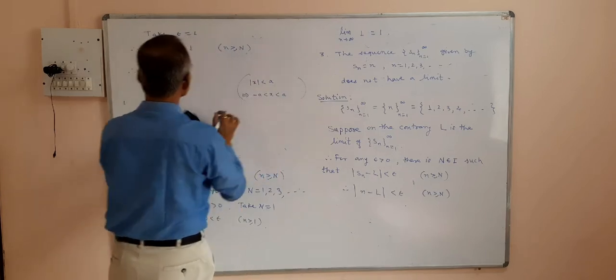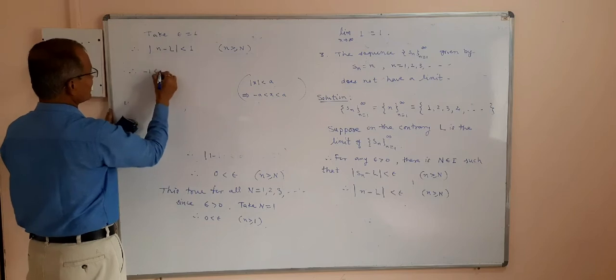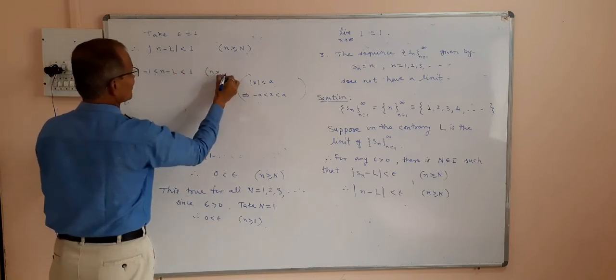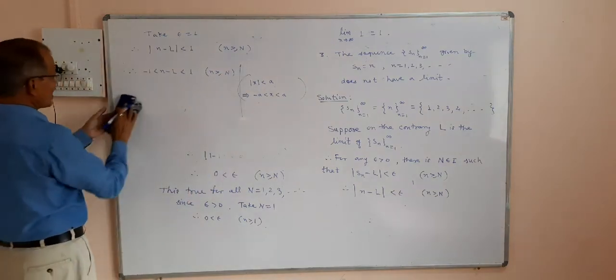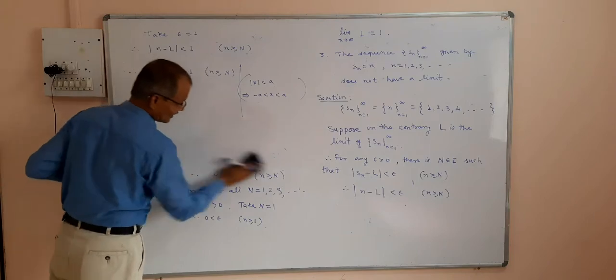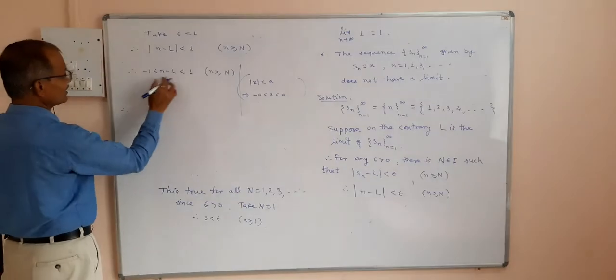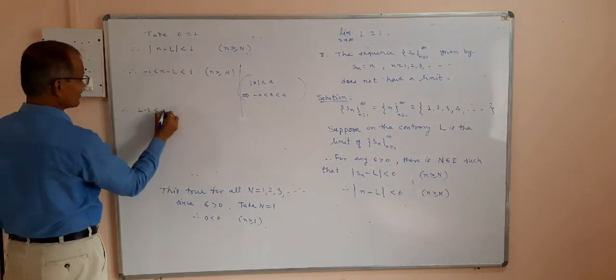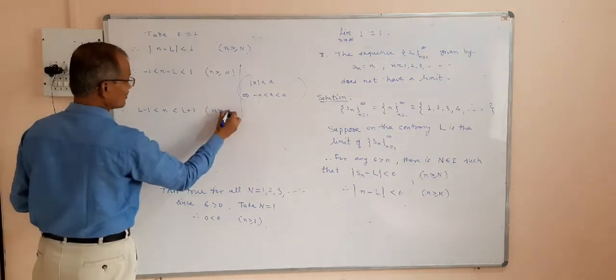So according to this, minus 1 is less than Sn minus L is less than 1, for n greater than or equal to N. And now add L throughout. Therefore we get L minus 1 is less than Sn, less than L plus 1, for n greater than or equal to N.